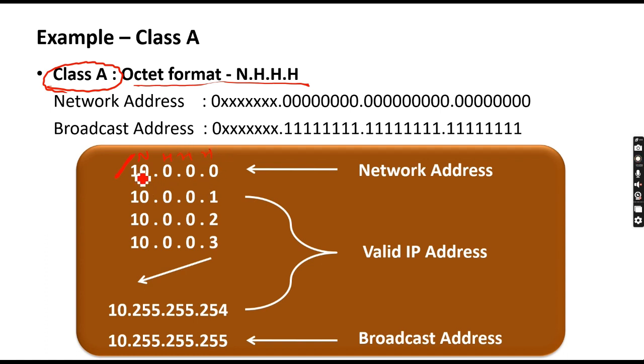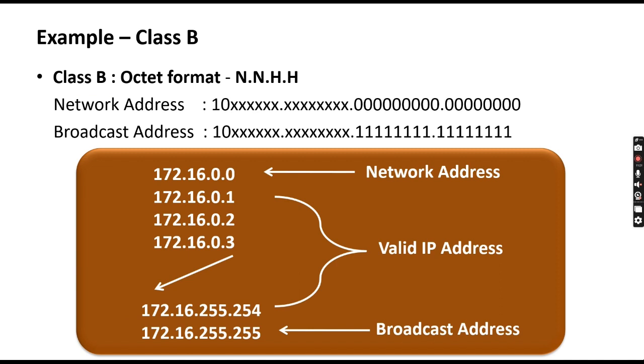One network address with all zeros, and see the last one, this 10 is still the same, but the rest have been converted to all ones. So it is your broadcast, and the addresses between these are considered your valid IP addresses.